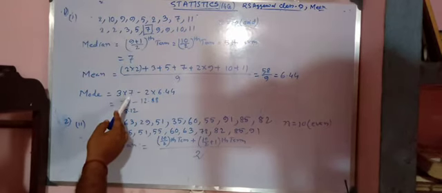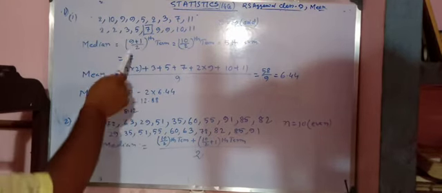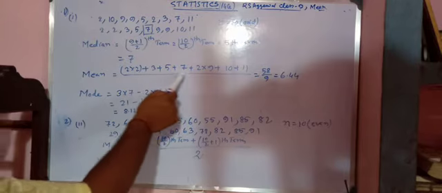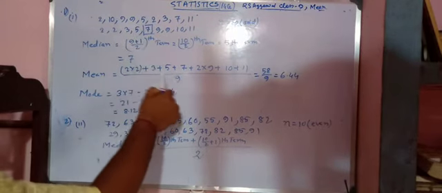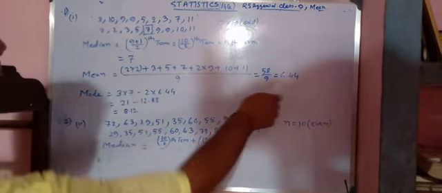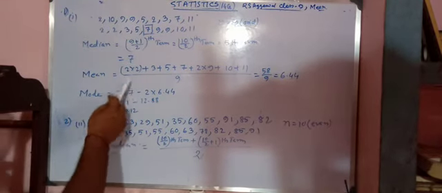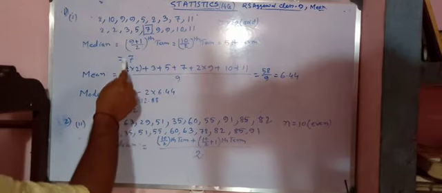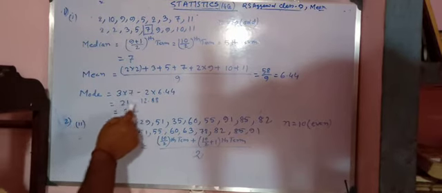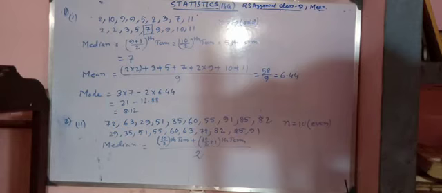Once again, the median is 7 and the mean I have found for this data, 9 data values are given, is 6.44. Now mode is equal to 3 into median minus 2 into mean. So 3 into 7 minus 2 into this. If we calculate that, we get mode equal to 8.12.